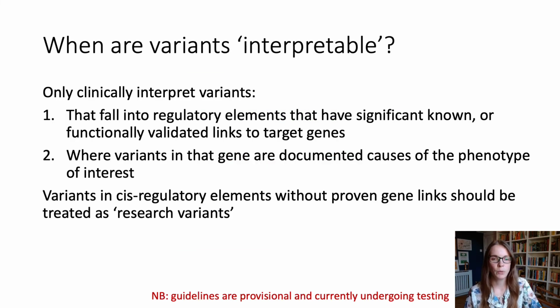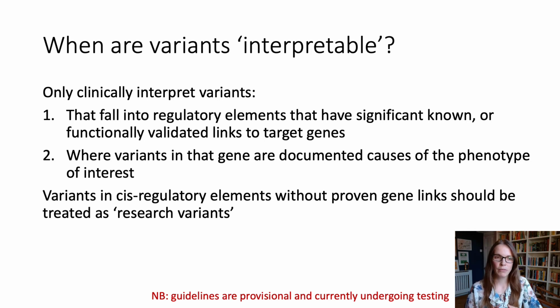First of all, one of the things we wanted to define is when these variants are interpretable in the first place. We obviously can't interpret every single non-coding region variant for every single gene in every single patient. We also can't interpret every single variant within, say, 5 megabases of a gene of interest.